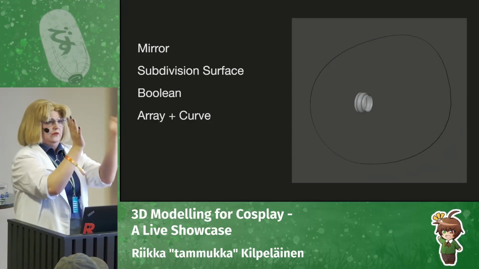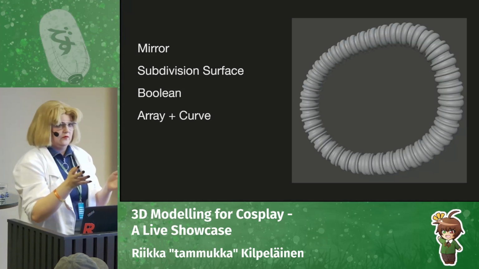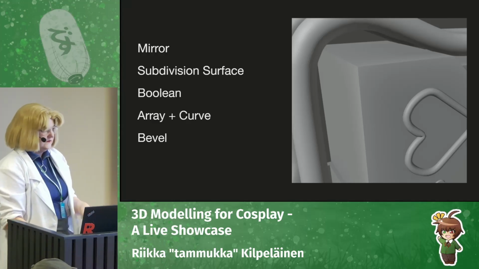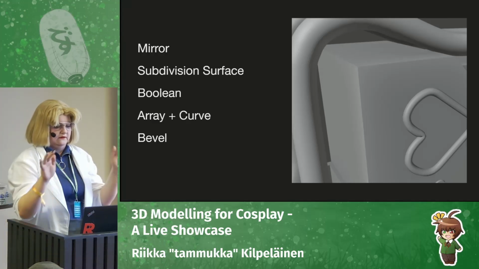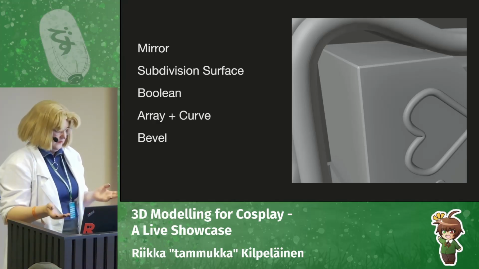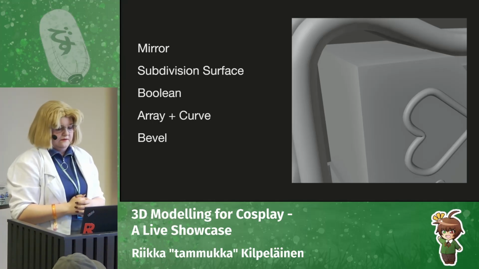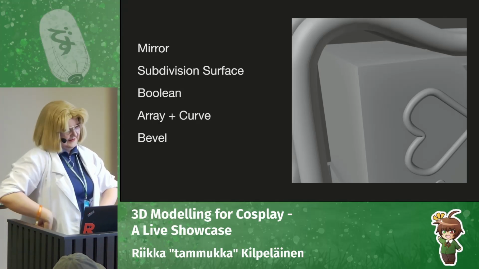Then you can duplicate it in a way that you couldn't with a mirror modifier, perhaps. And bevel, especially useful for weapons. It just adds a little bevel on the edges. It's quite subtle here. I don't use it that much because my characters are cute anime girls. I don't do guns. I do guns sometimes.